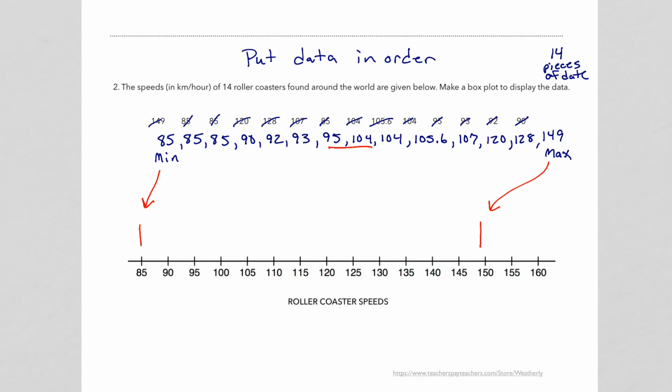So I have to find what's directly between 95 and 104, and you can just figure it out if you want, or you can add the two together, 95 plus 104, and divide by 2. If we do that, we get 95 plus 104 divided by 2 equals 99.5.